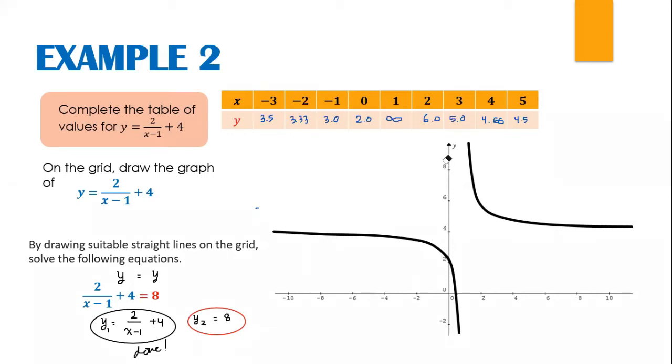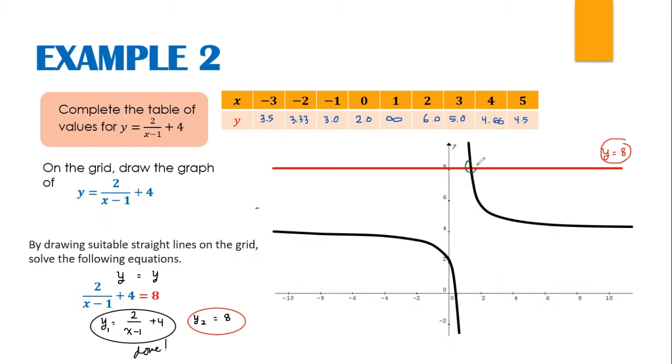Okay, students, now we're going to draw the straight line on the grid. Y equals 8. This one. That's very easy, right? Once again, this is y equals 8. Good. So what about the solution? Students, the solution is the intersection.